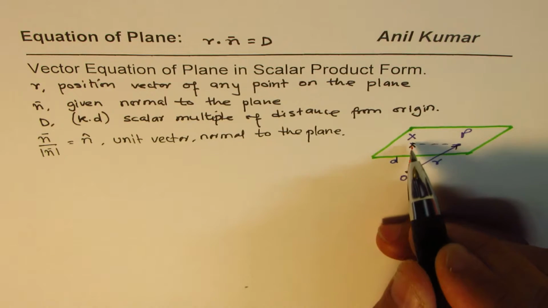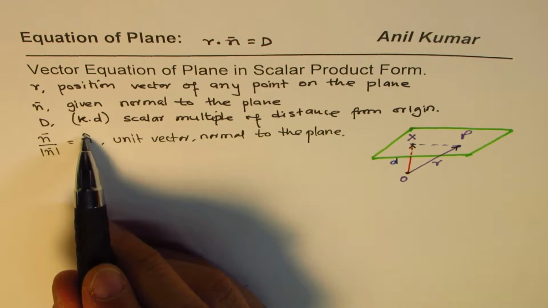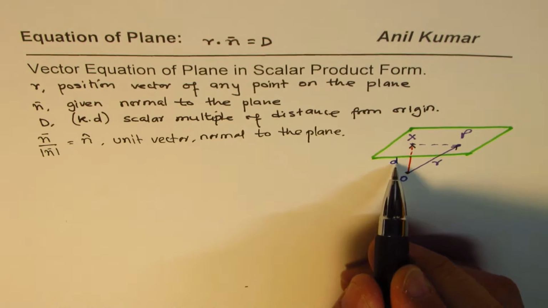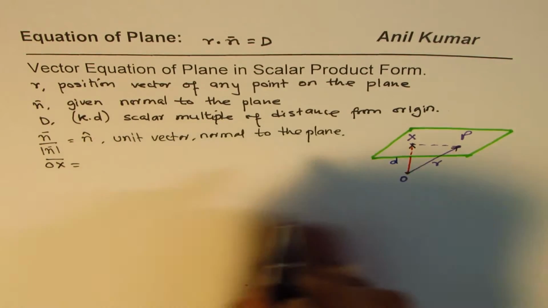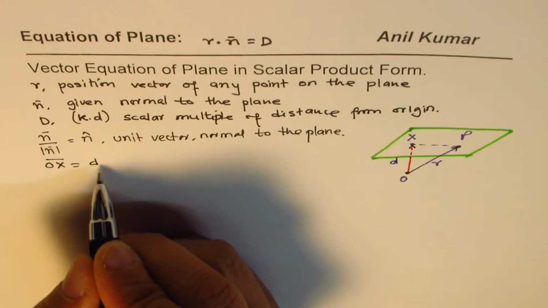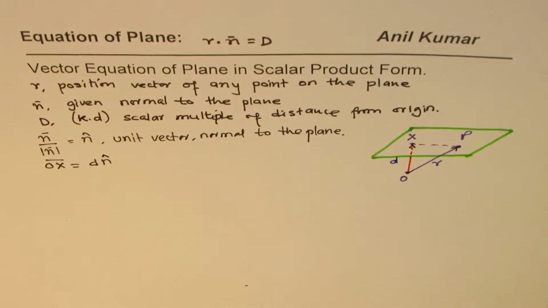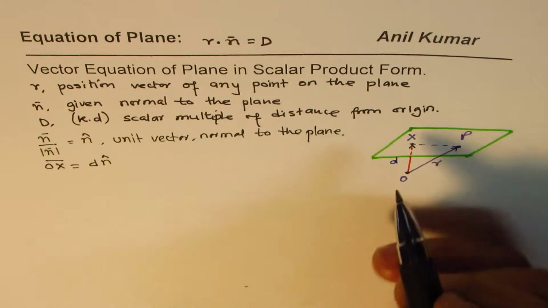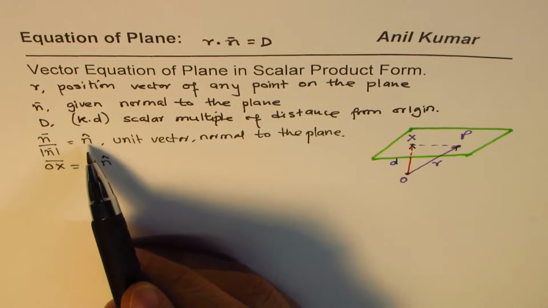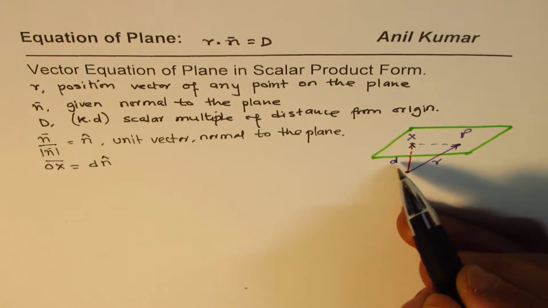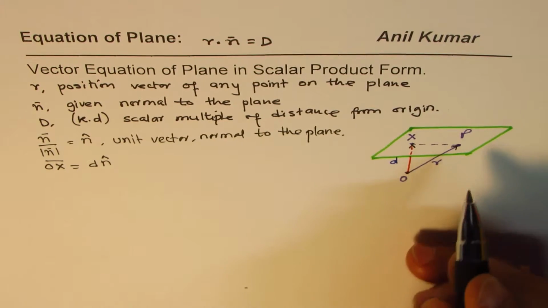So along this line, if the unit vector is n hat, the distance OX can be represented by d times the unit vector, d being a scalar quantity. So we start with the vector perpendicular to the plane, find a unit vector, and now we can say d times that unit vector is OX, correct?